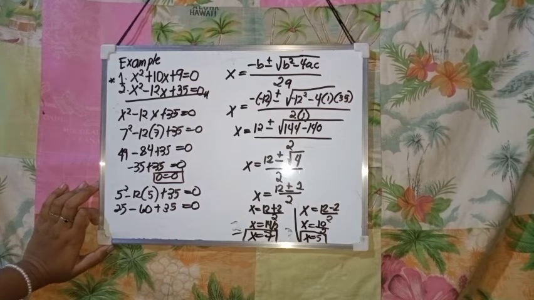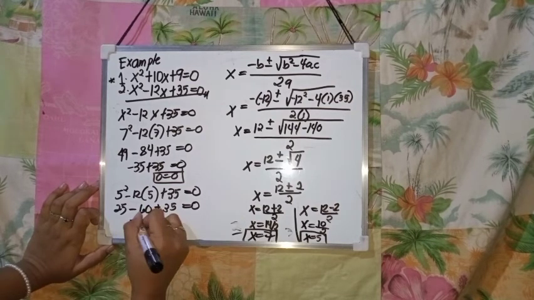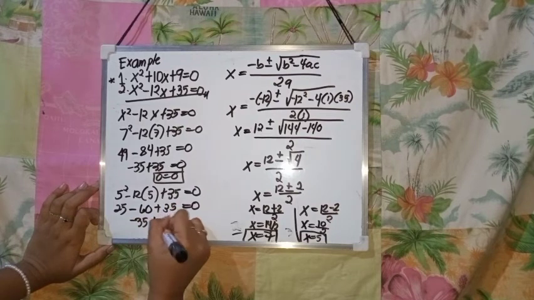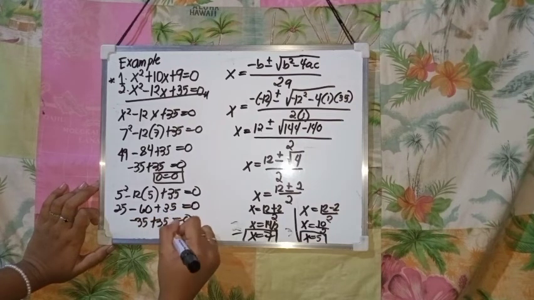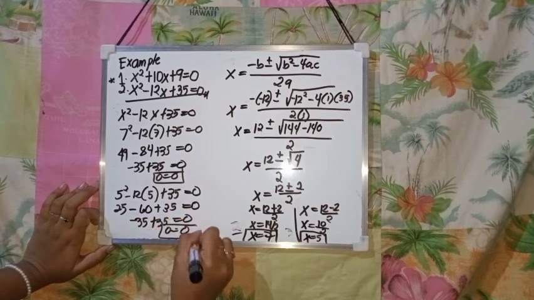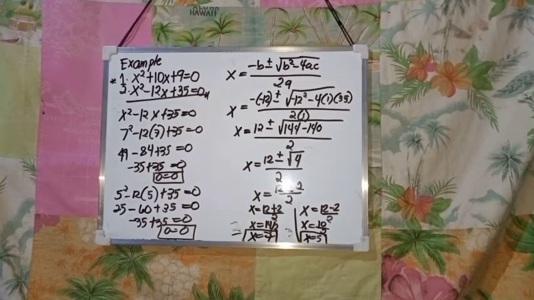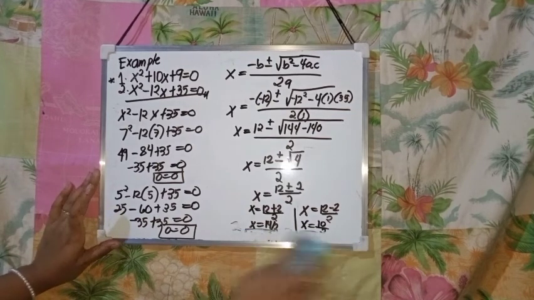So 25 minus 60 is negative 35, plus 35 equals 0. So 0 is equal to 0. So therefore, in x squared minus 12x plus 35 is equal to 0, the values of x are positive 7 and positive 5. Okay, that's all.